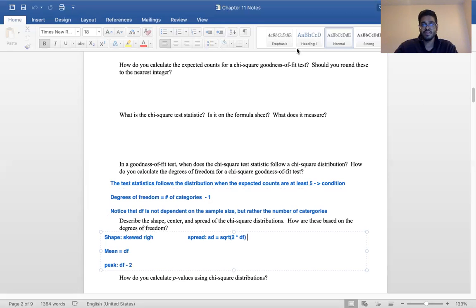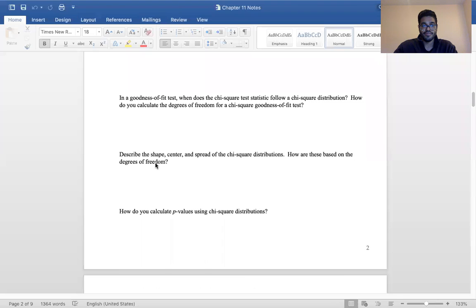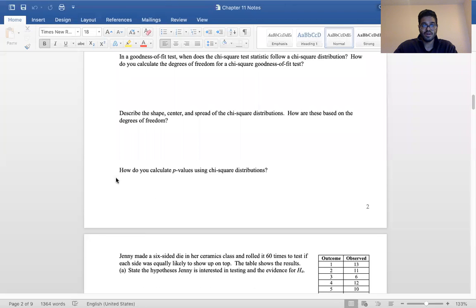How do you calculate p-values? There's a chi-square table on Canvas that you can look at, and there's also the chi-square functionality on the calculator.